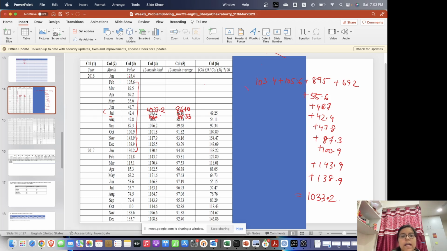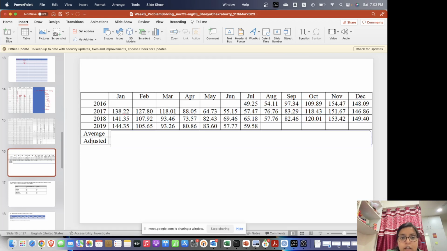So the basic idea is you calculate the 12-month total, get the 12-month average, center the values, divide it by the value at that current time point, and then you are going to get a table like this, which will have the last column as values over here. And then for each of the months we have to calculate the average index.